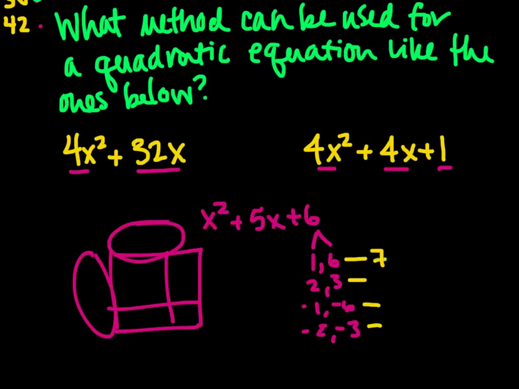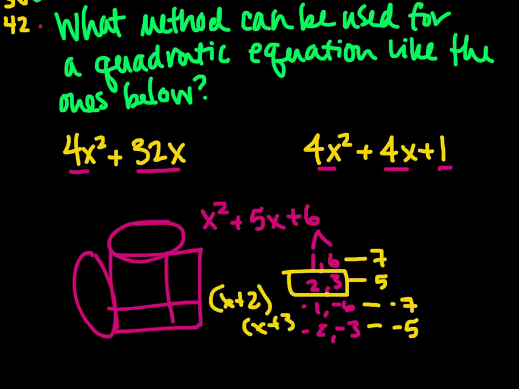Well, this one adds to 7, this is 5, this is -7, and -5, so technically these are my values that would work, so I would say x plus 2 times x plus 3. And that's nice and exciting.